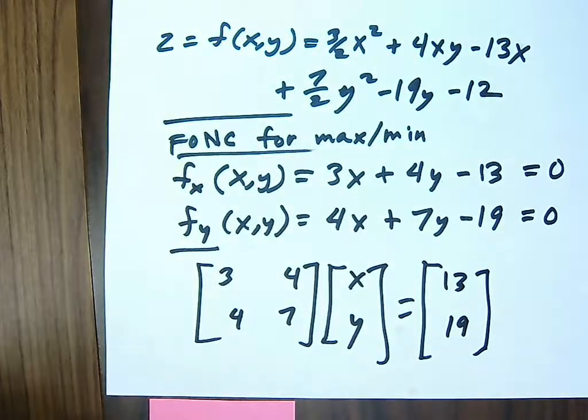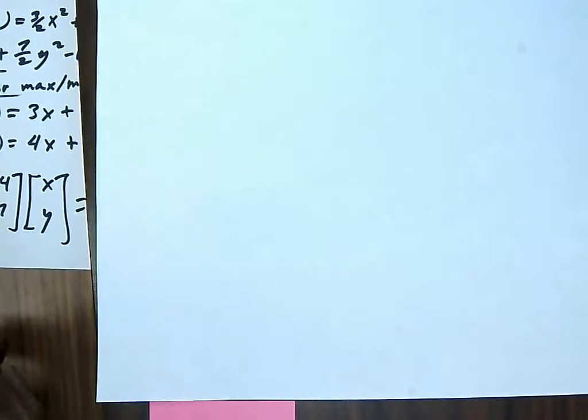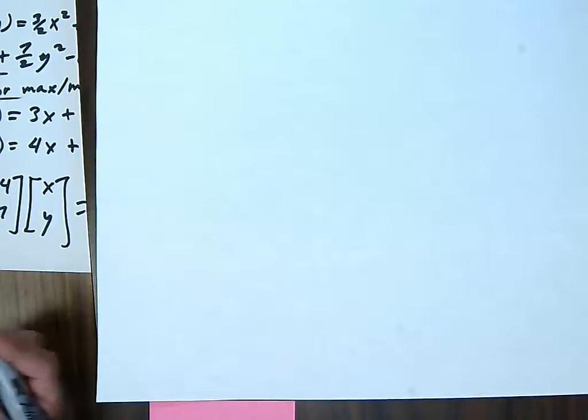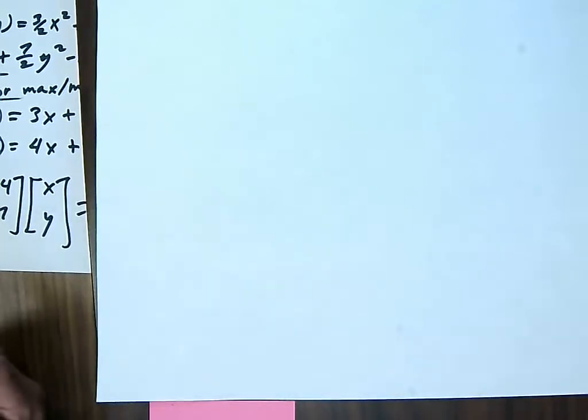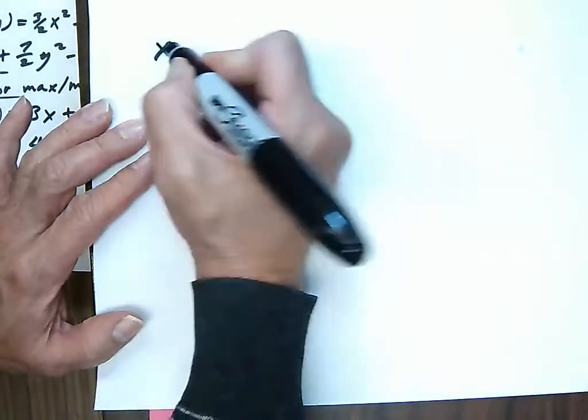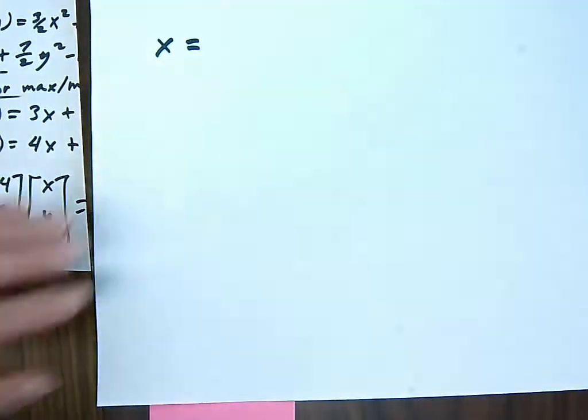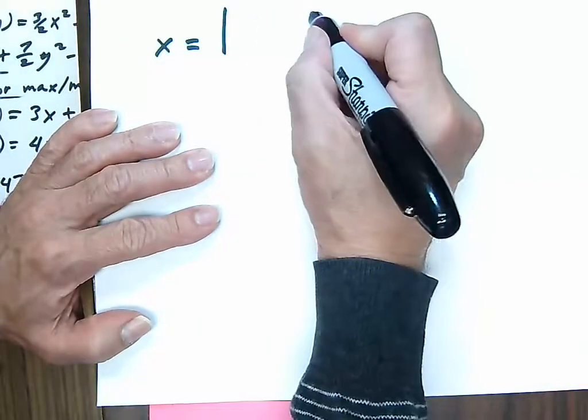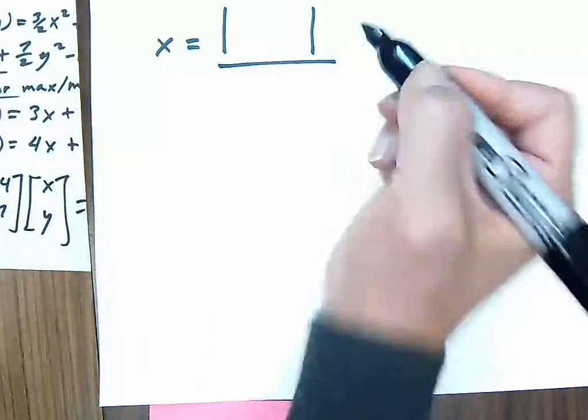Okay, now to use Cramer's rule to solve for x and y, we need the determinant of the A1 matrix, the determinant of the A2 matrix, and the determinant of the A matrix. So here's what we're going to get. x, the first variable in our x variable matrix, is equal to the determinant of the A1 matrix over the determinant of the A matrix.